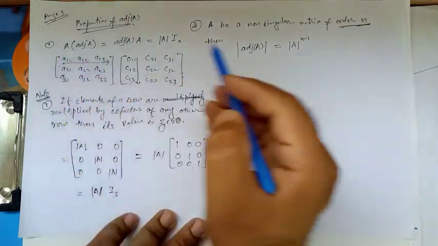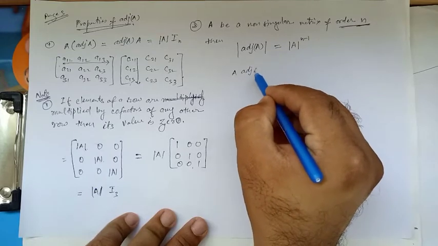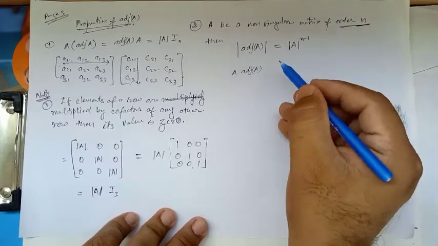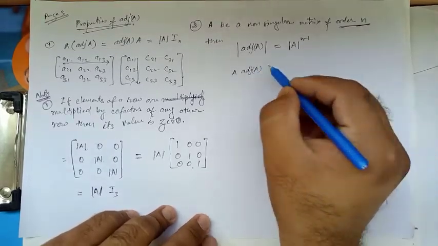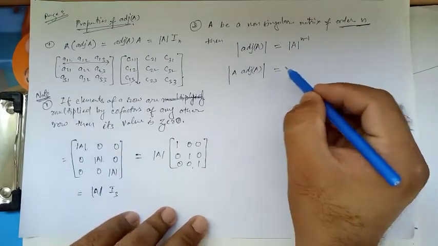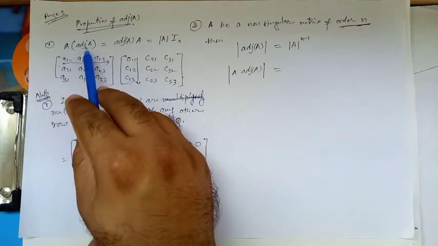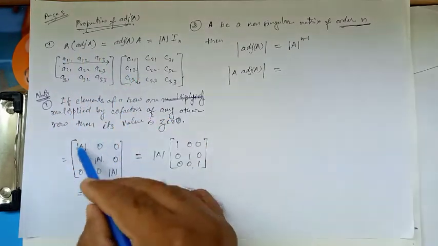We have seen this one, so this is A into adjoint A, and if we want to take the determinant of this, then definitely we can see here, if we multiply these two, A into adjoint A, this into this, we will get this one.